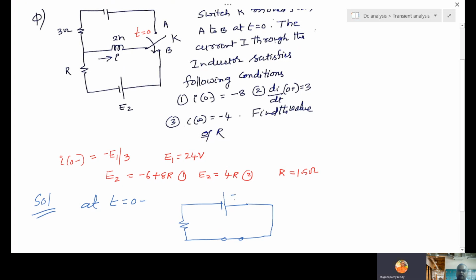So with the value given E, and here 3, this current is i(0-).